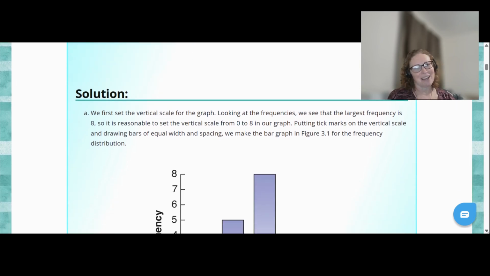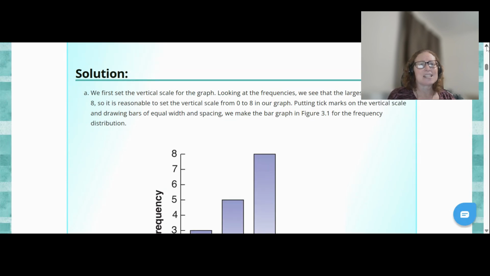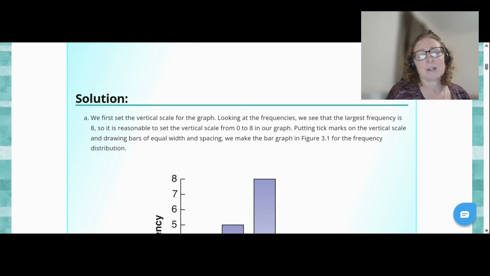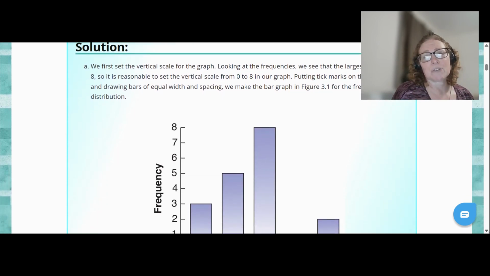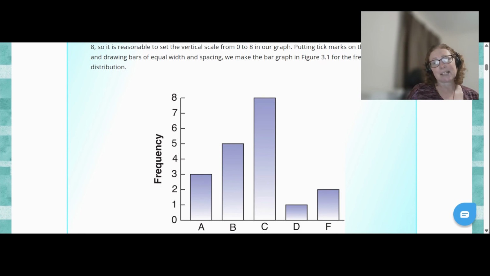So how do we do that? We're kind of just trying to see what it's going to look like, what we need to include. We saw that the largest frequency was 8, so on this scale they decided that the top number was going to be 8, and you do see it goes from 0, so that's a good thing.